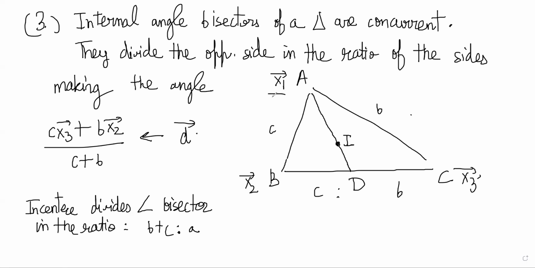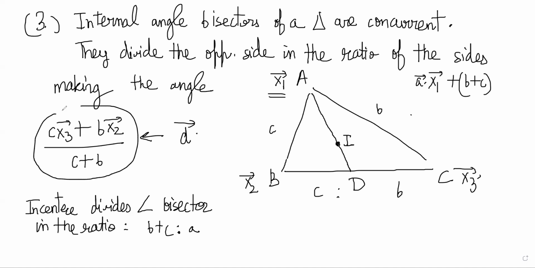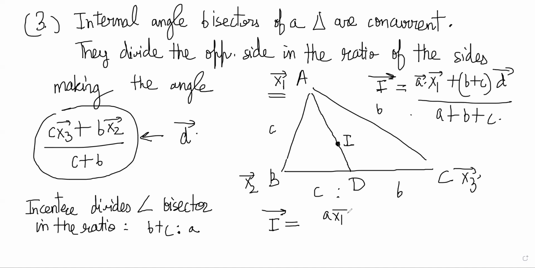So if my A vector was x1, I would say A times x1 plus B plus C times D divided by A plus B plus C. That would be my in-center's position. So I vector is going to be this. And finally, if you simplify this, the I vector's position vector will come out to be AX1 plus BX2 plus CX3, whole thing divided by A plus B plus C, where A, B, C are the sides of the triangle. So that is also a result that you should be aware of.